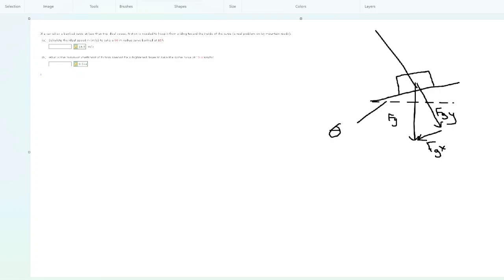This is also equal to theta. Oh, I almost completely forgot. Force normal. I've been neglecting you. I apologize. So now we also have centrifugal force going this way, whose components look like this.